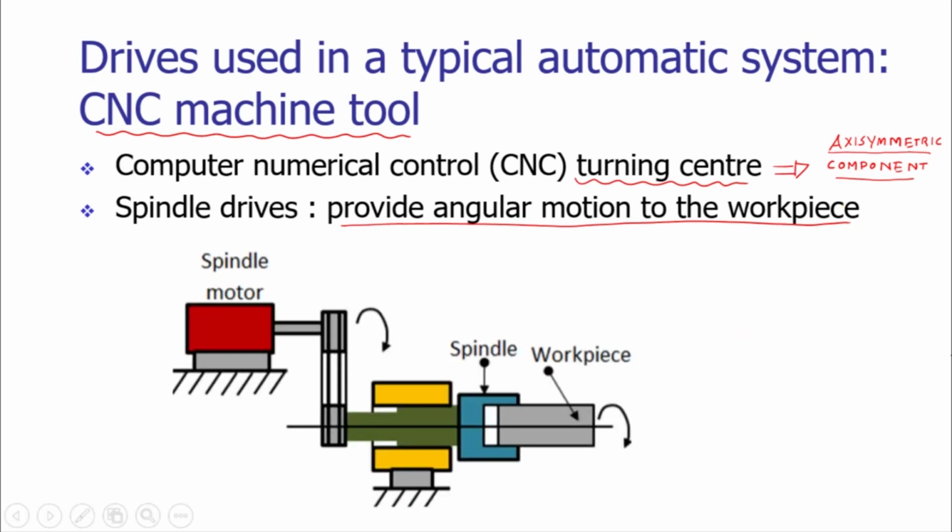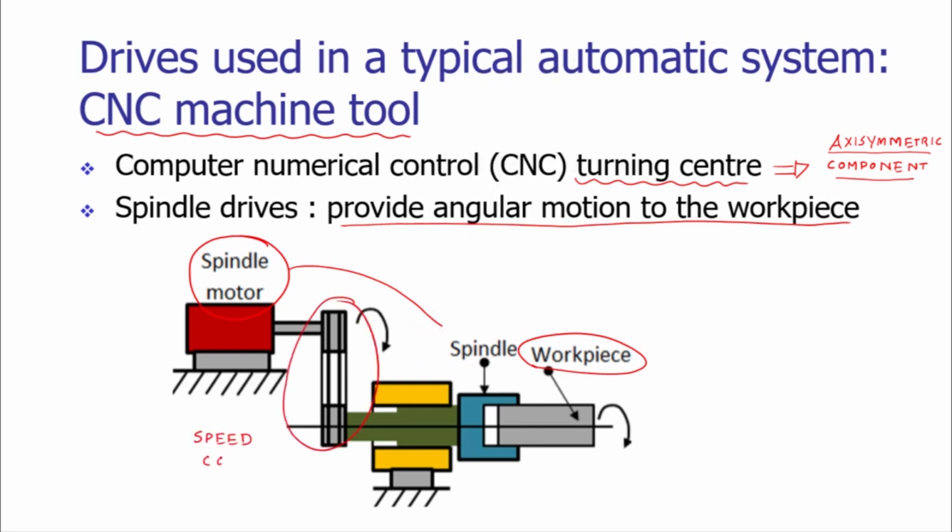On your screen you can see a typical arrangement that is utilized in the turning center. Here we are using a spindle motor. That spindle motor provides power to the spindle of the machine tool. The spindle holds the workpiece, and the power from the spindle motor to the spindle is provided through the speed control unit.